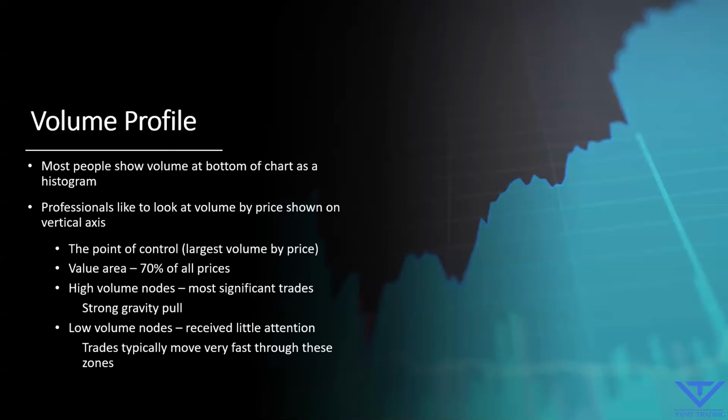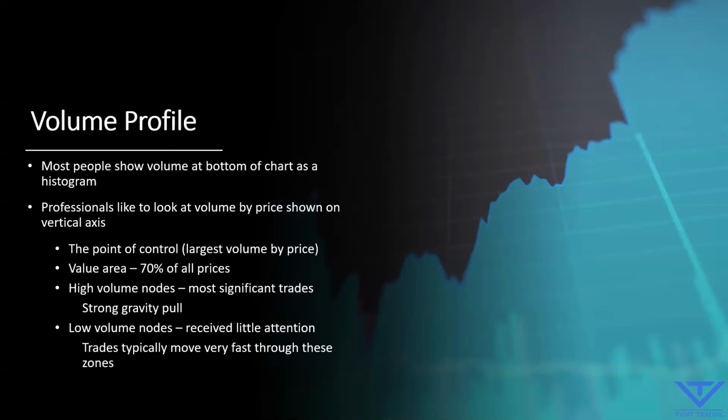So instead of volume being on a horizontal axis, volume's on the vertical axis, right? And you can find a bunch of different things by looking at it that way, because it's not volume by time, but volume by price that you're looking at. What you're looking at with a volume profile analysis is where the most shares were really traded.